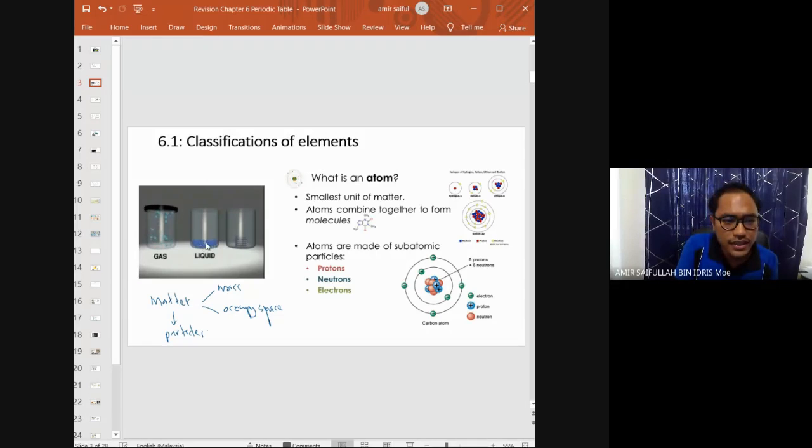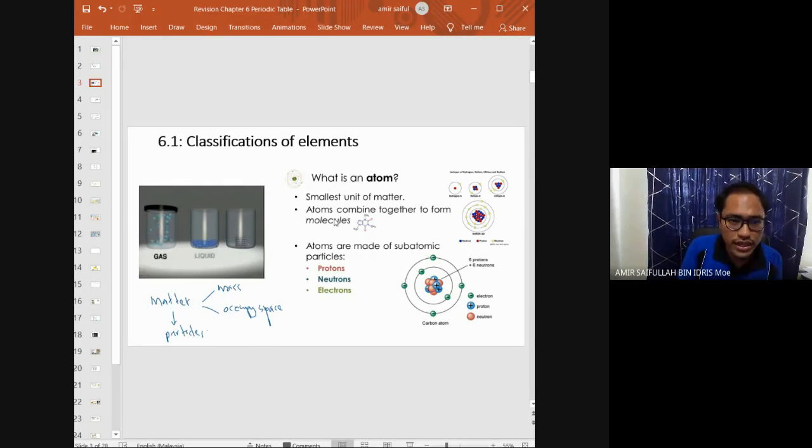If the particles are close to each other but still can move freely, they are liquid. And if the particles are in fixed positions and cannot move freely, they are in the state of solid.